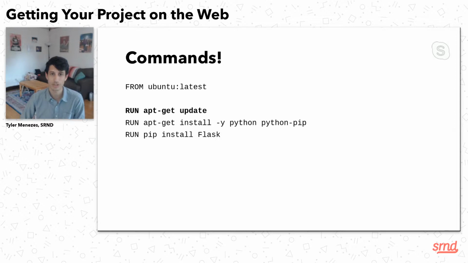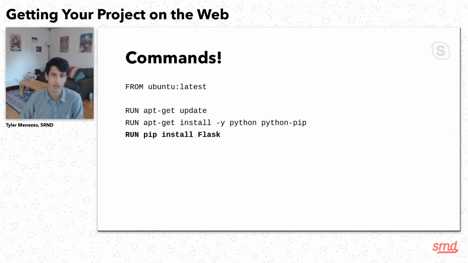And what that's going to do is, inside that container, while it's still building, not once it starts up, but while it's still building, when we have this image, it's already going to have all this stuff done. So while it's still building, it's going to run apt-get update. The next thing it's going to do is run apt-get install python python-pip. I'm shortening it, but it's going to install those two things, Python and Python pip.